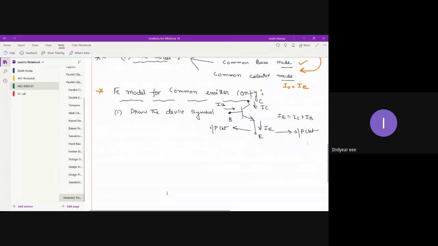Once you draw the device symbol for the given configuration, you can go to step 2. In step 2, you rewrite the device symbol.